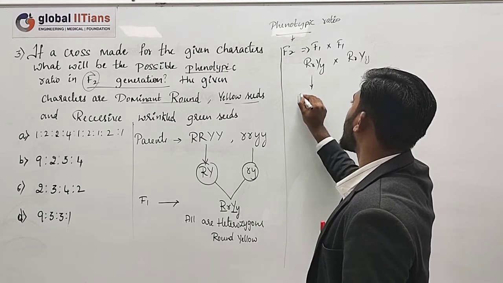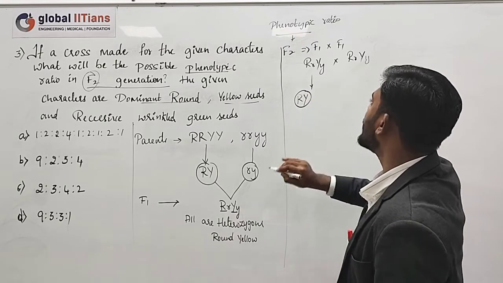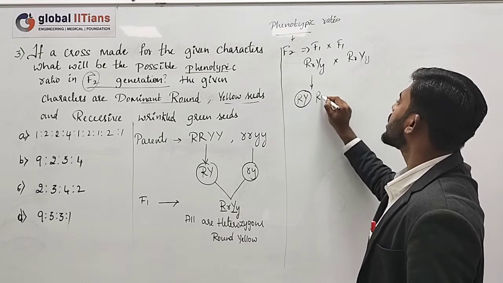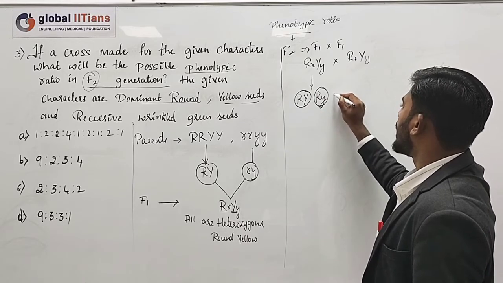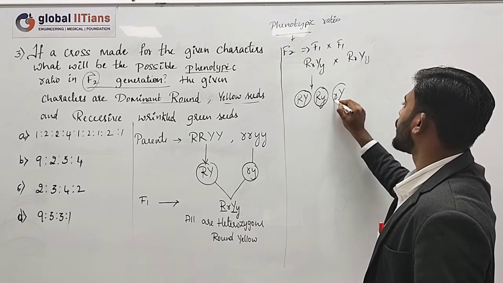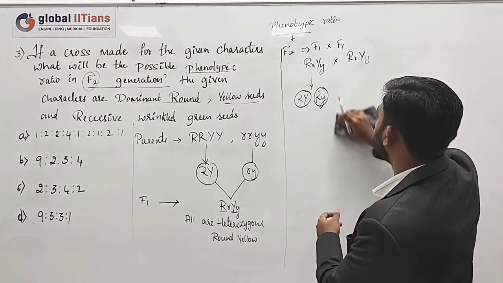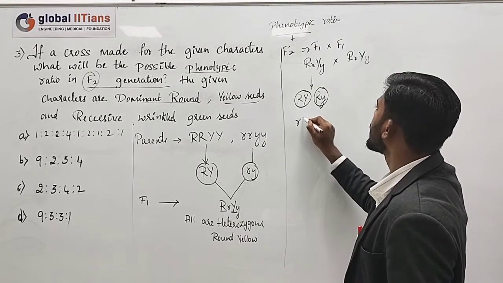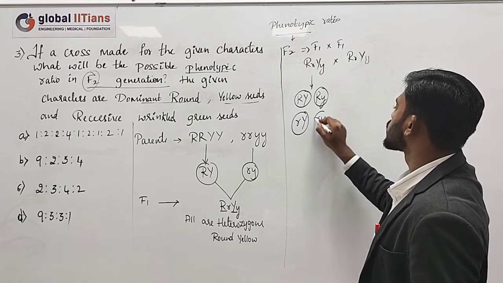The gametes are capital R, capital Y as one gamete; capital R, small y as the other gamete; small r, capital Y as the third; and the fourth is small r, small y.